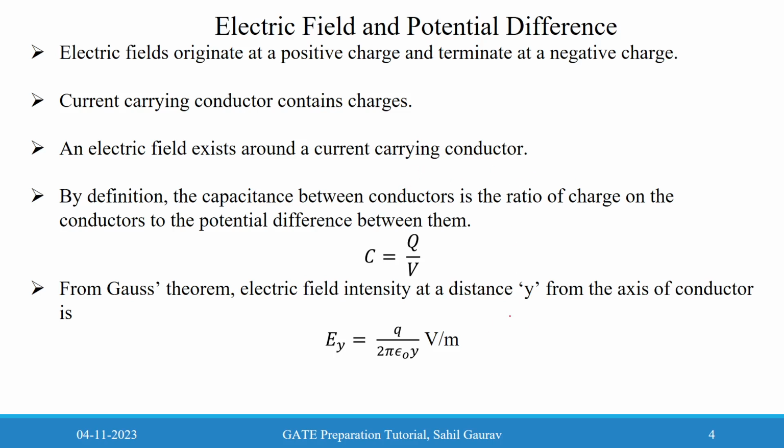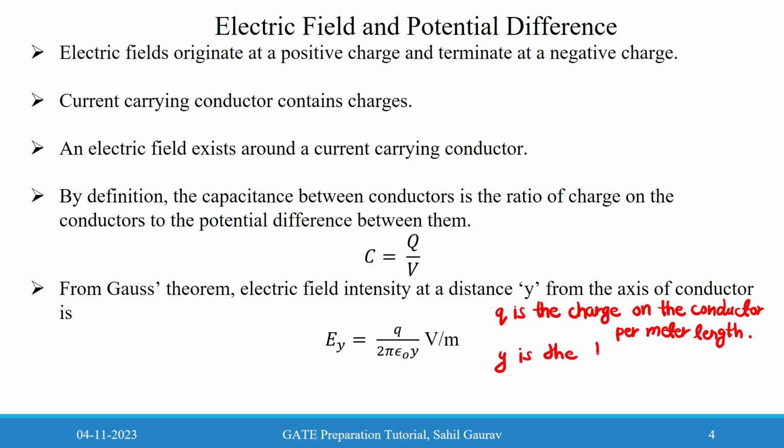Q is the charge on the conductor per meter length, y is the distance in meters from the axis of the conductor, and epsilon naught is the permittivity of free space.